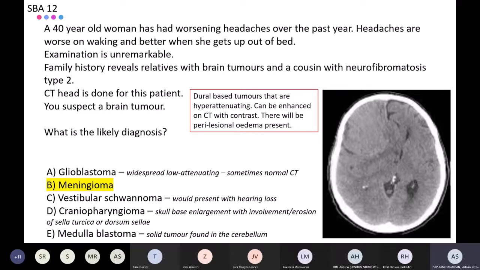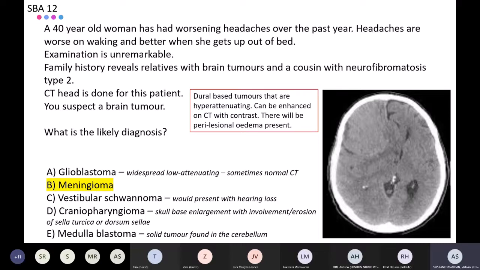And there'll usually be perilesional edema around it. You can't really see it clearly on this image just because it's been copied and enlarged, but there is a bit of edema around it too. So with glioblastomas, they're usually widespread, they're low attenuating, and sometimes it's actually normal on a CT scan.